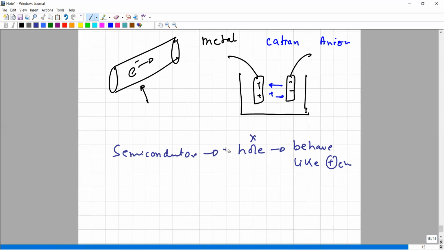We will do this when we do the chapter on semiconductors. So the hole also moves when an electric field is applied. It will move like a positive charge, but it is not a positive charge. So in a semiconductor, if I ask you what the current carrier is, the hole will also become a current carrier, and the electron as well. So you have to be very specific in identifying the current carriers for different cases.